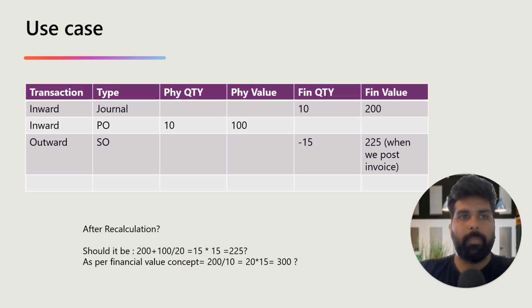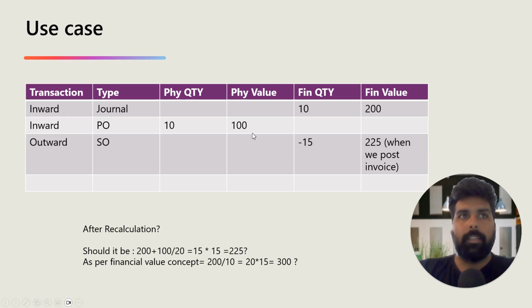As per the Dynamics weighted average calculation, we will generally run the inventory recalculation. Now, in the month end, when we run the inventory recalculation, the weighted average value is derived based on the financial quantity received and the financial value received.